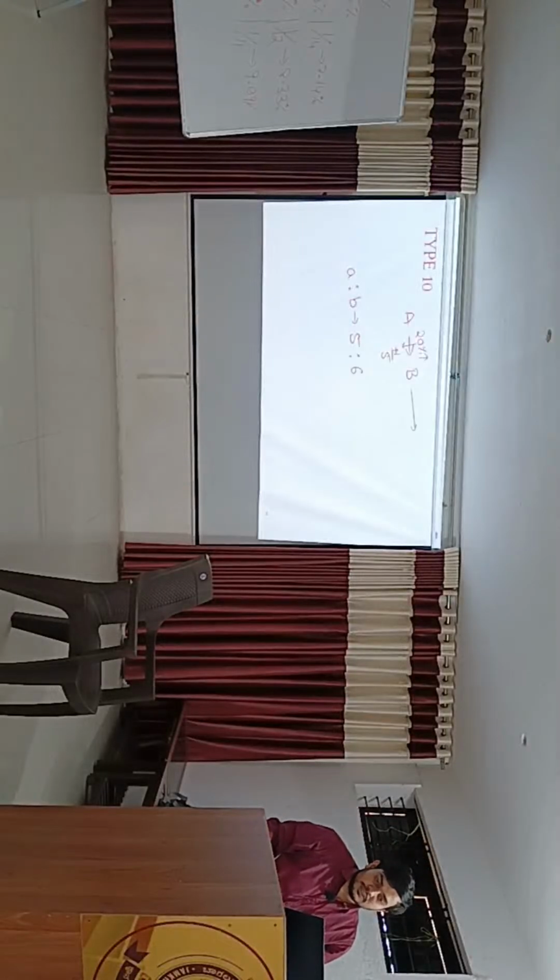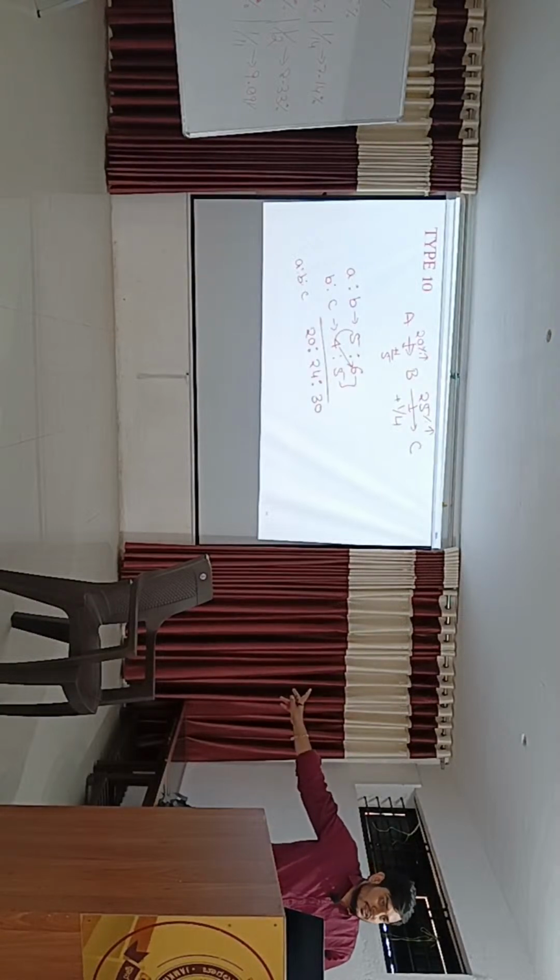Now B sold it to C at 25% higher. What is 25%? 1 by 4. So B to C is 4 is to 5. Now what is A is to B is to C? 5 4s are 20, is to 4 6s are 24, is to 5 6s are 30.